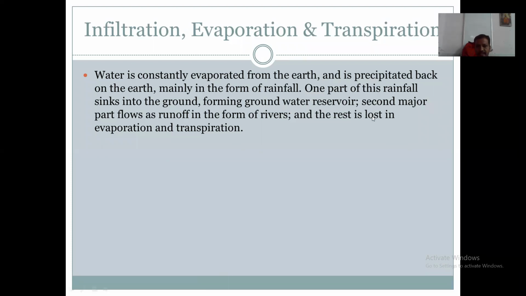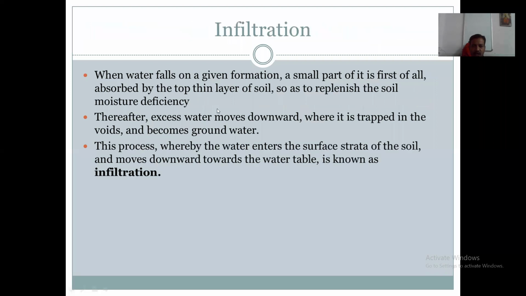So it forms a groundwater reservoir. The water which flows on the ground surface is runoff, and it flows towards the river. Some water, after reaching the rivers, may be evaporated, and there is transpiration from the vegetation. That is the hydrologic cycle.